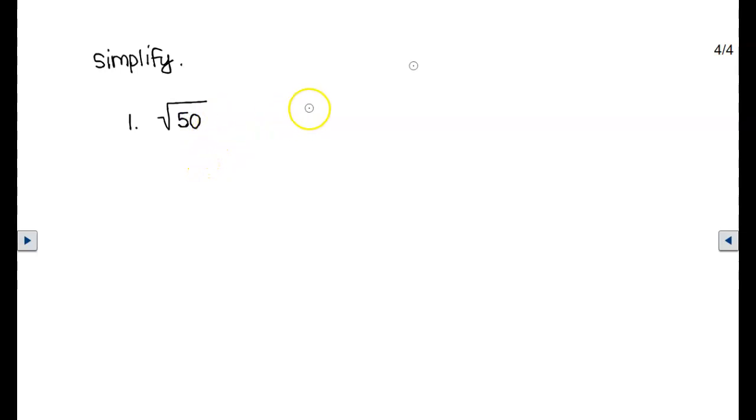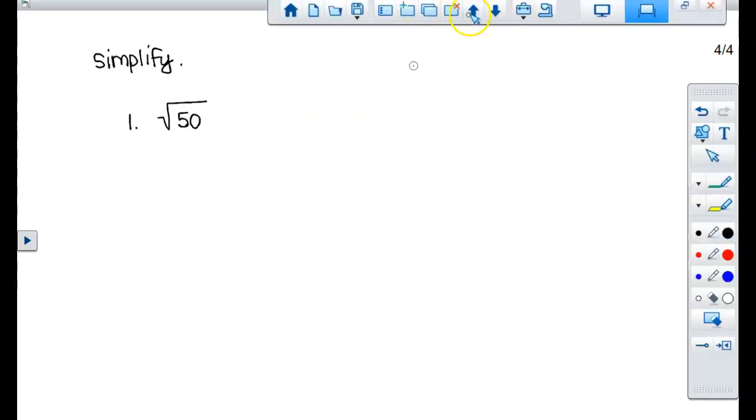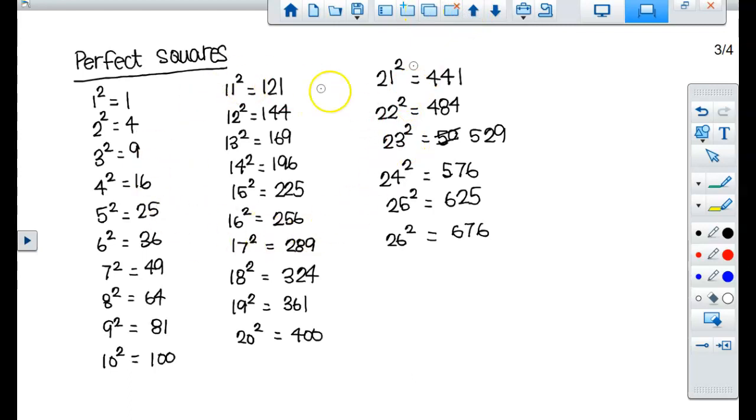Now, one of the things that I should say is that when you are simplifying a square root, your goal is to get the biggest perfect square from this list that your number is divisible by.